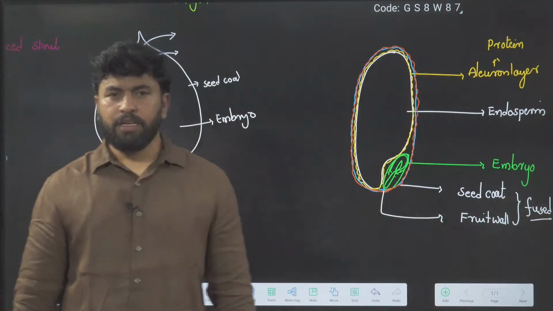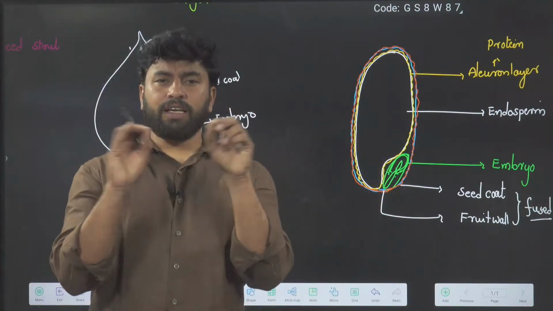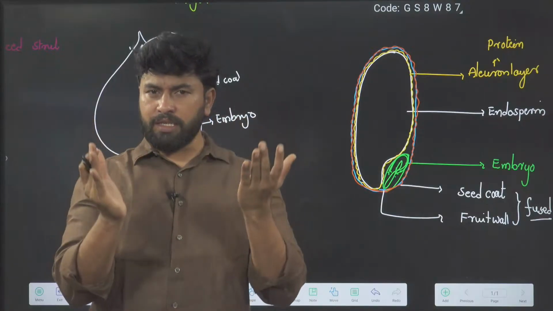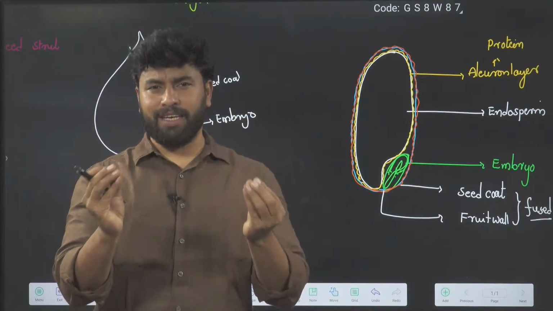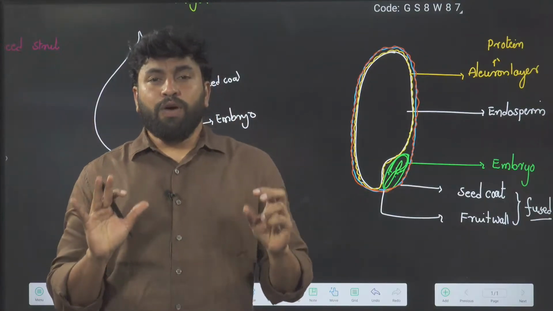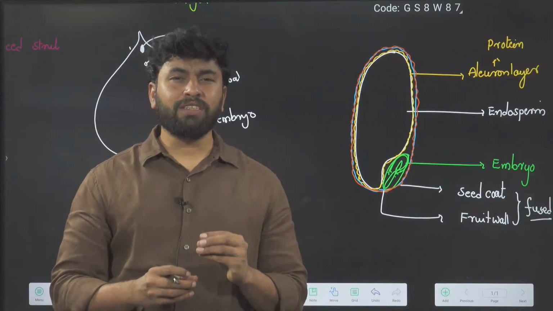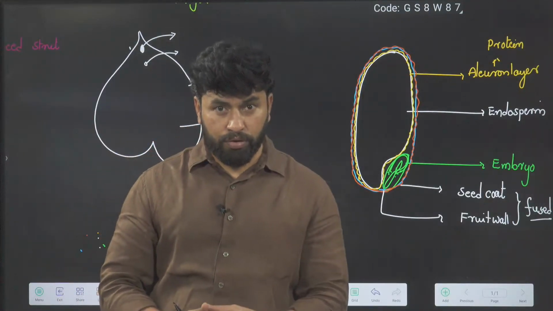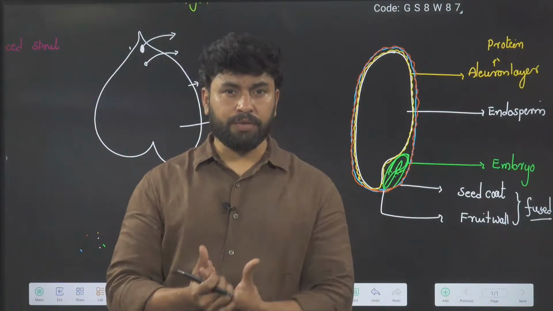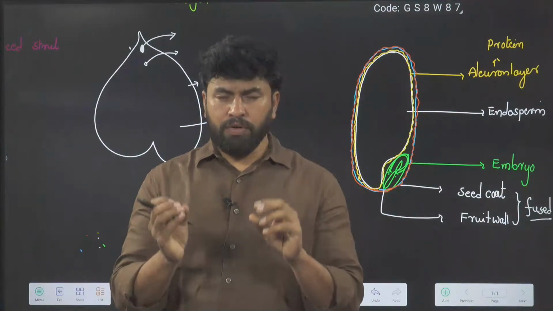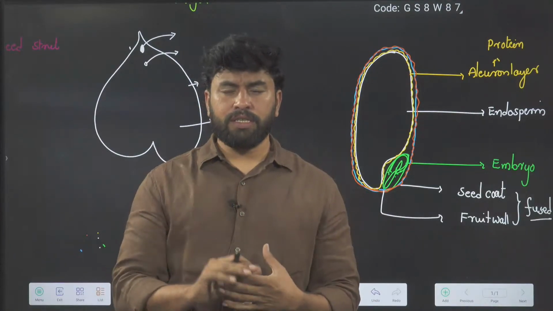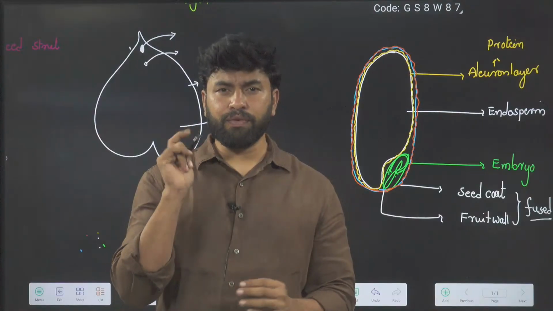and the seed coat and fruit wall both fuse and form a structure called husk. That means when we are removing husk from the surface of the rice grain, for example, what do we exactly remove? It's not that we are removing only the seed coat. We are removing both fruit wall and seed coat. Why? Because most monocots produce a single seeded fruit.